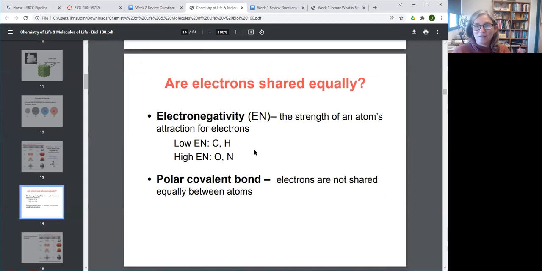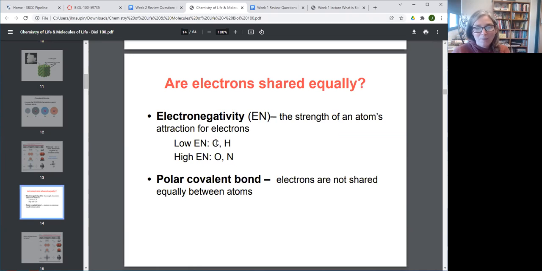In covalent bonds, electrons are shared, and sometimes they're not shared equally. If they're not shared equally, the electrons spend more time with one atom than the other, and that leads to an uneven distribution of charge in the molecule.